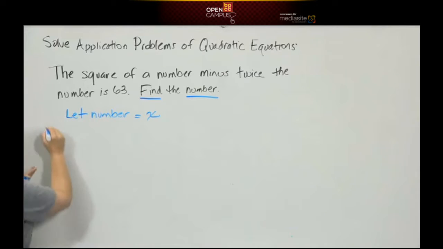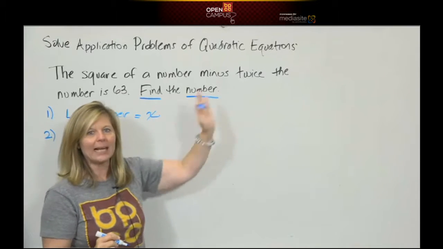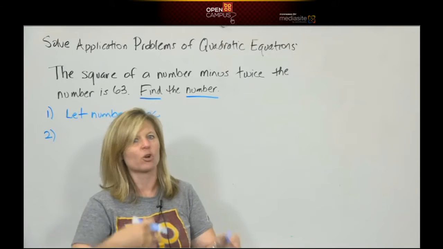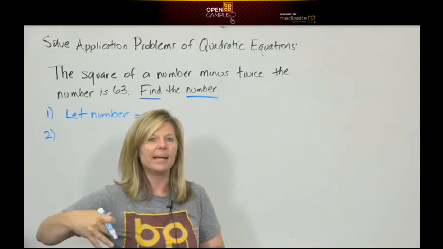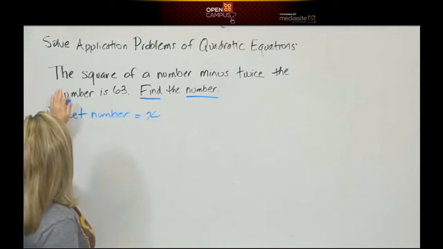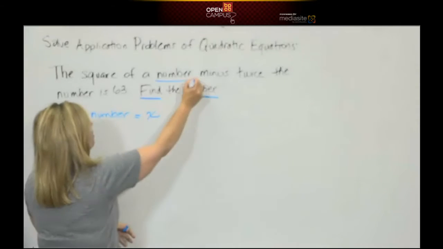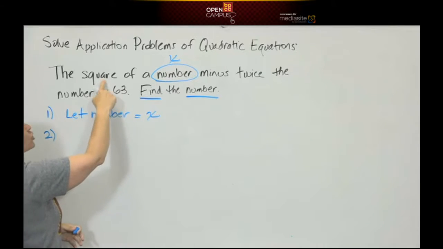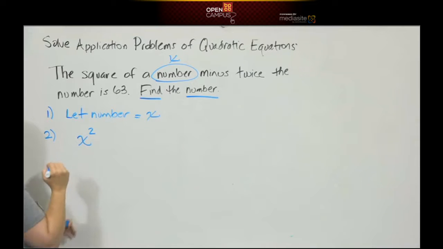So that's step 1. Step 2 is now to go back and read again and now translate. Just like you do in Spanish class or Italian class, or if you're taking Russian, every English word means something in math. The square of a number: we know the word number is going to get replaced with x. How do you write the square of a number? Well, that means I have x squared, because squaring means I have an exponent of 2.